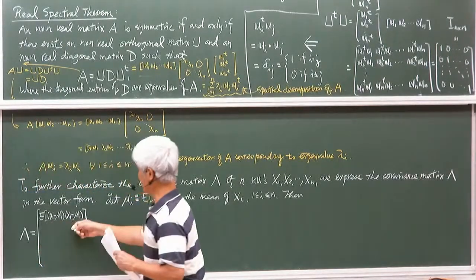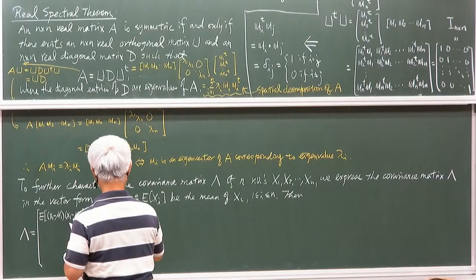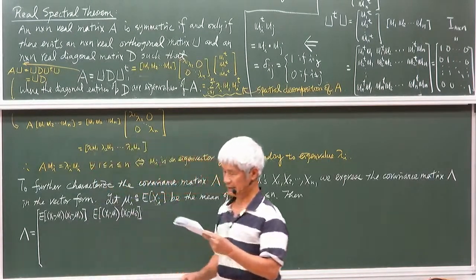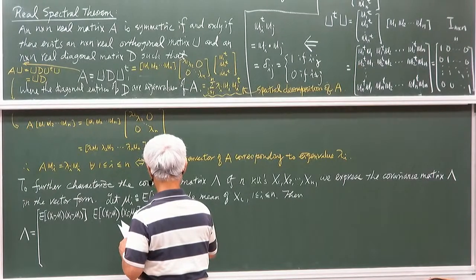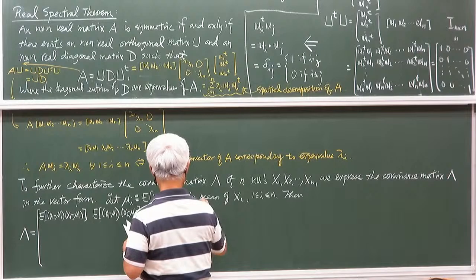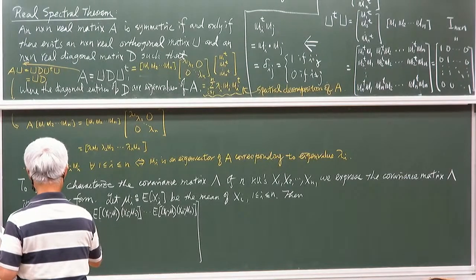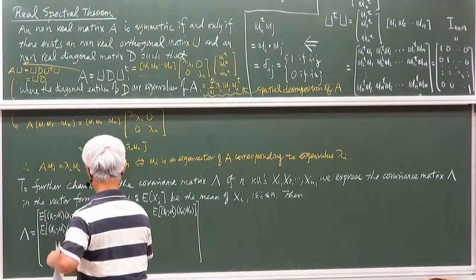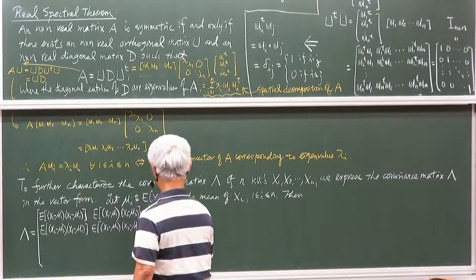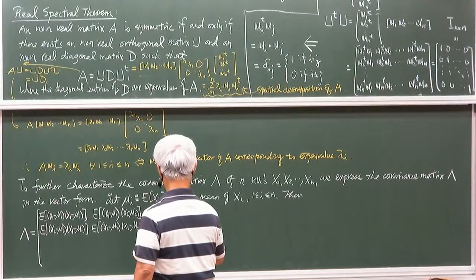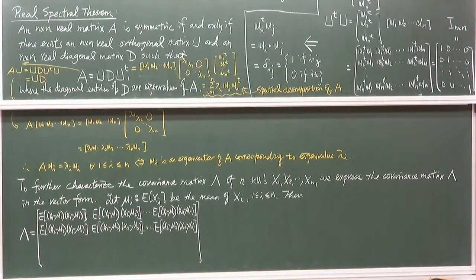The covariance of x1 and x1 is this one, and the covariance between x1 and x2 is this expectation, and so on up to the expectation of x2 minus mu2, and so on.